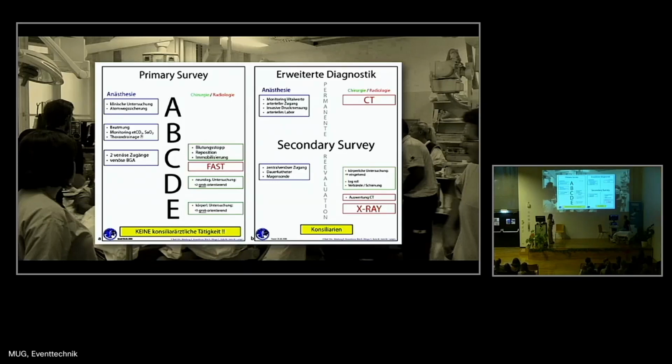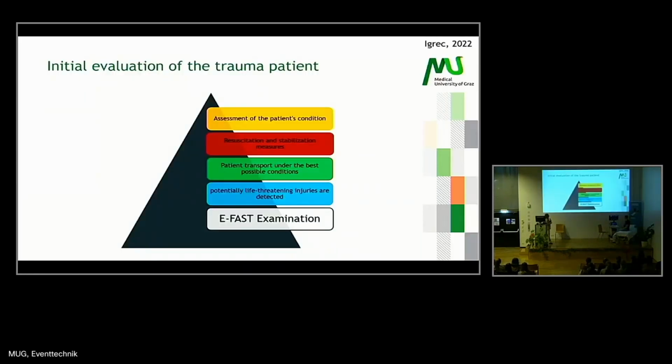So eFAST is, in our situation, connected with the ABCDE system to see circulation evaluation. Before we transport our patient under the best possible conditions, the patient's condition will be assessed by an emergency medical doctor.